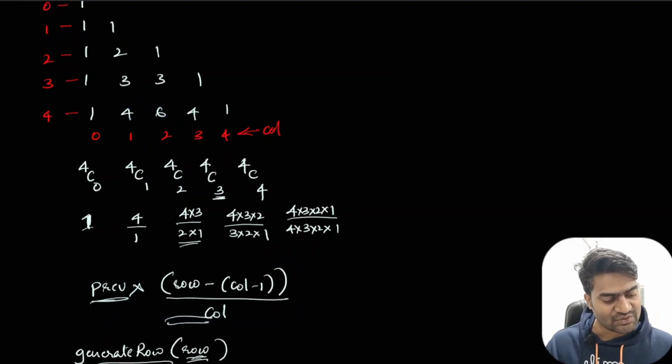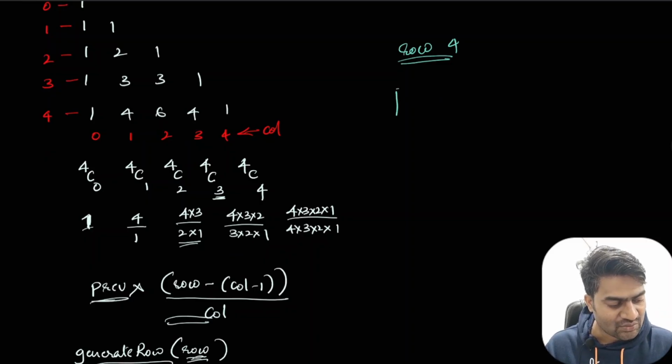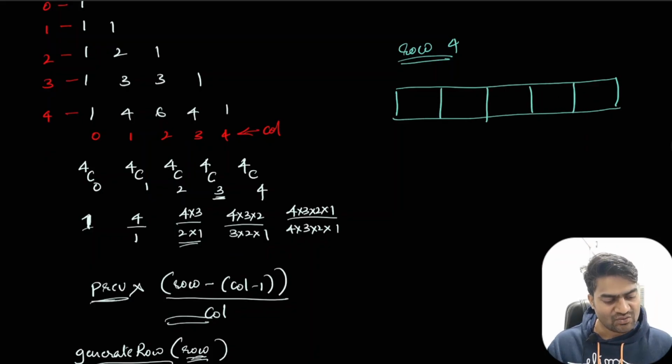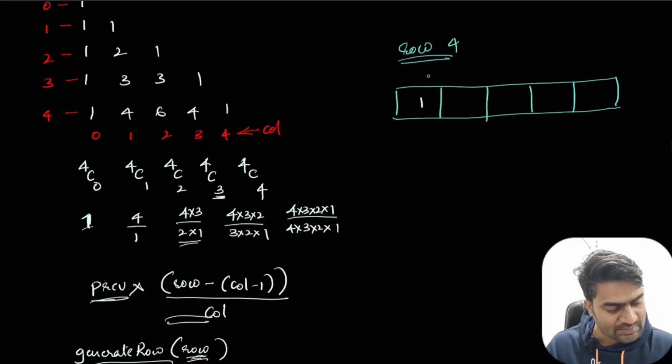Since we are considering row 4, there will be 5 elements in that row, because that is the fifth row. So I will take 5 elements. The first value will be 1, so I will put 1 here. I will write the indexes 0, 1, 2, 3 and 4.